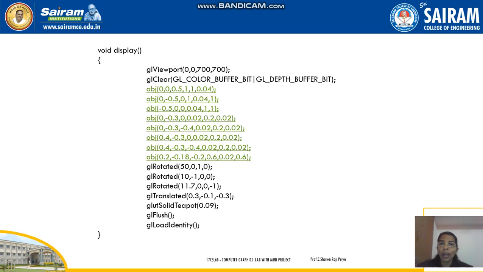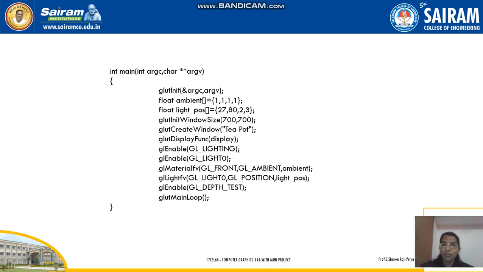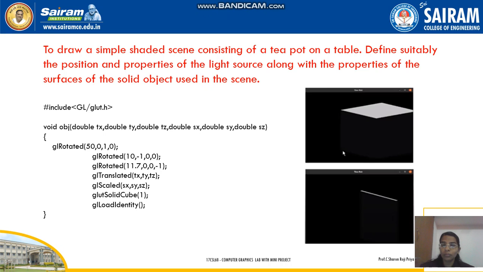And I have this object function and it has 6 parameters. So the first 3 parameters are for translation and the next 3 parameters are for scaling.